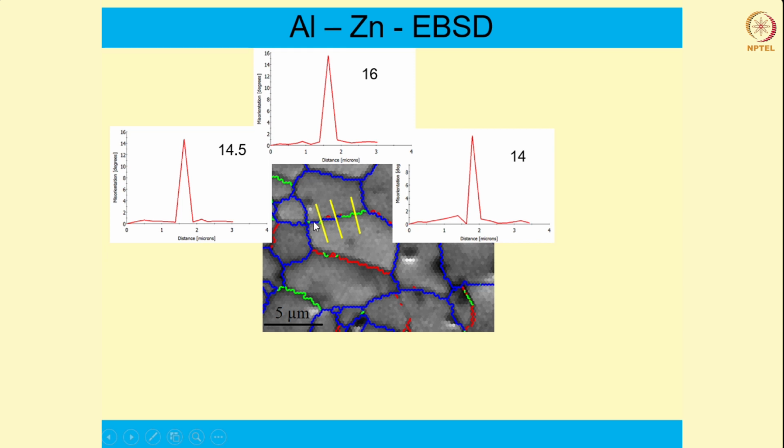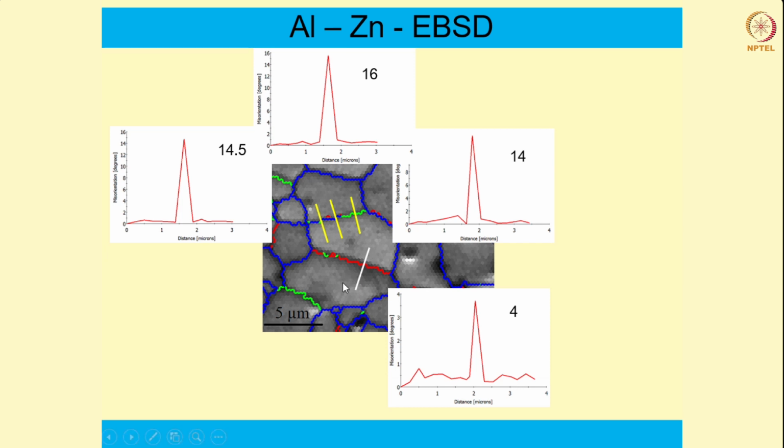So it is already almost turning into a high angle grain boundary. Let's see the other colors. Yeah, the red one, you can see it is only 4 degrees. So this indicates that this is a subgrain boundary which would have formed by dislocation arrangement.